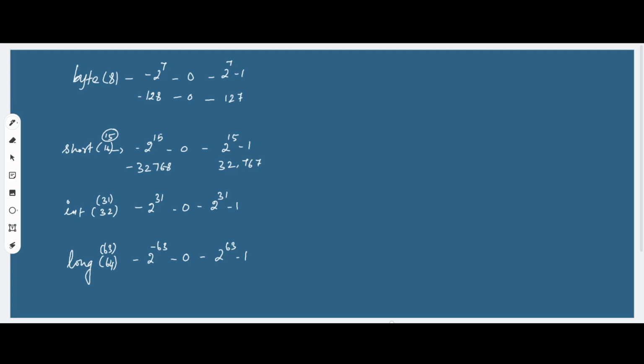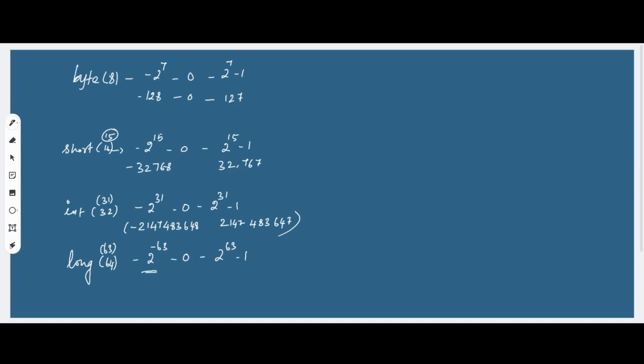If you calculate 2 power 31, you will get a value like minus 2,147,483,648 to positive 2,147,483,647. So you will get a very big number for 2 power 63.